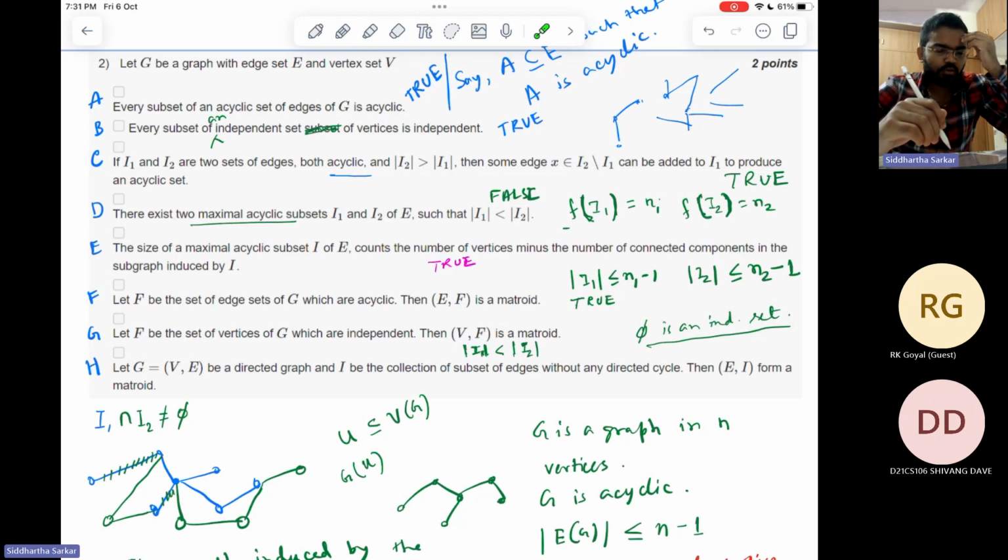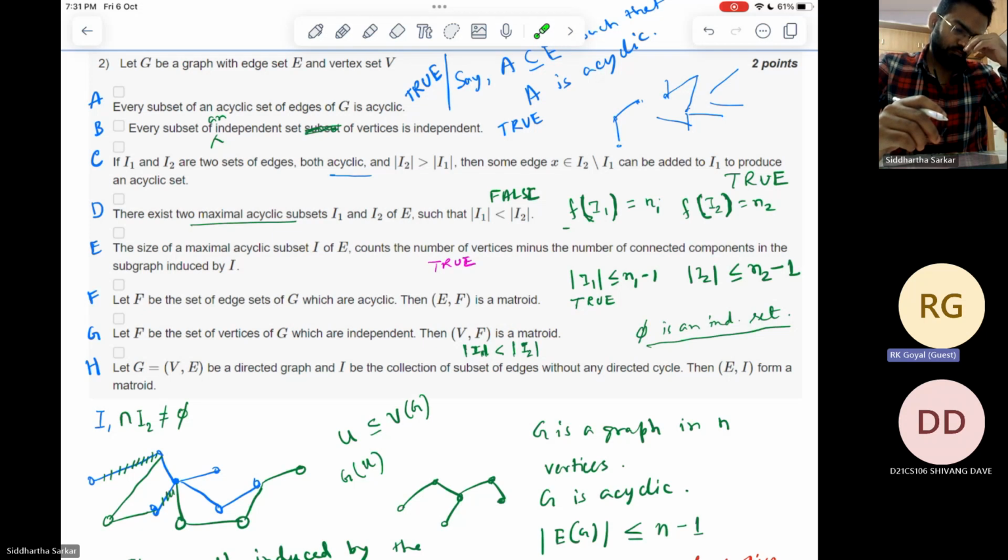No, contradiction is not going to give something fruitful. I was under the impression that I just need to show that there exists at least one vertex in I2 whose inclusion in I1 will maintain the independence, that is, a vertex which is not connected to any vertex of the set I1.